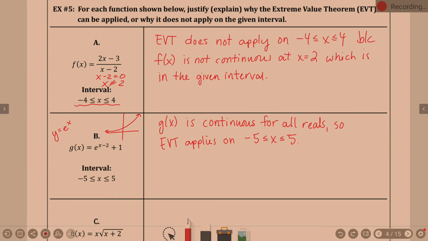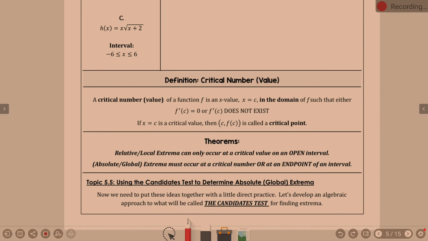Speaking of that whole square root function thing. h of x equals x times square root of x plus 2 on the interval negative 6 to 6. Okay, I don't know. The whole x times square root of x plus 2 thing's a little weird, but think about that square root.